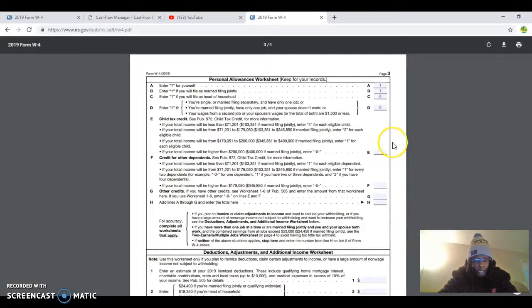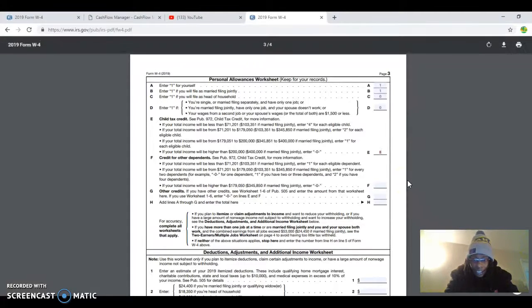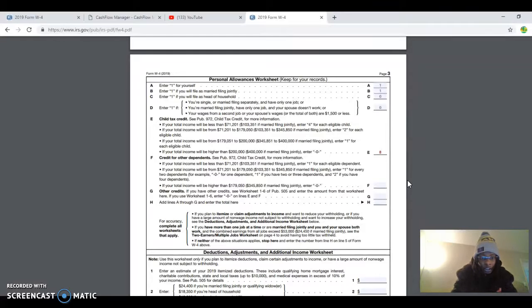It says if your total income is higher than 200,000, or 400,000 if married filing jointly, then enter 0. So mine was less than 71 and 103,000, so I enter 8 because I have 2 children. So you enter that according to you.